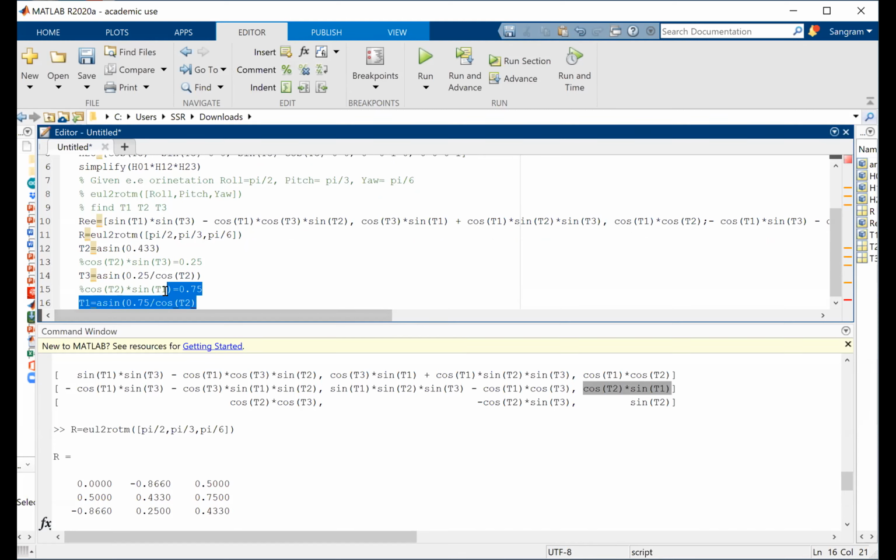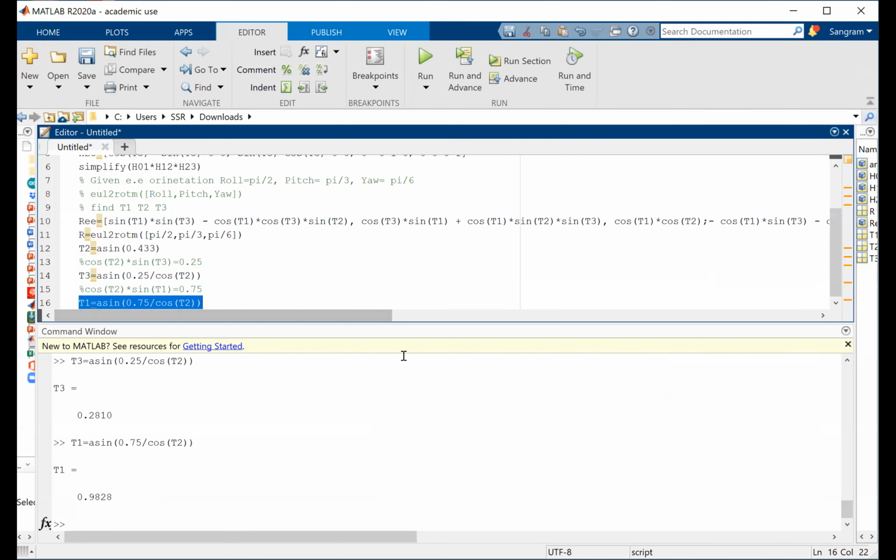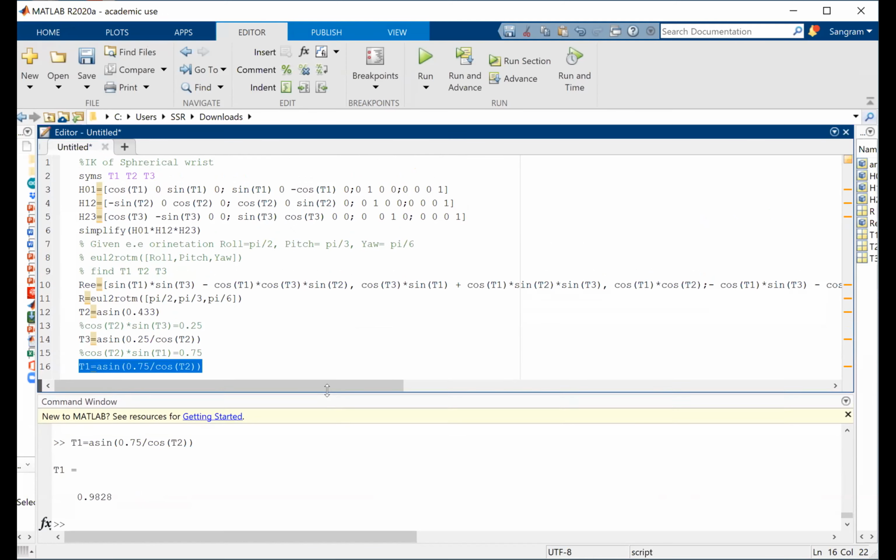And there is one more parenthesis missing. And I got the value of T1. So this is how you would solve an inverse kinematics problem.